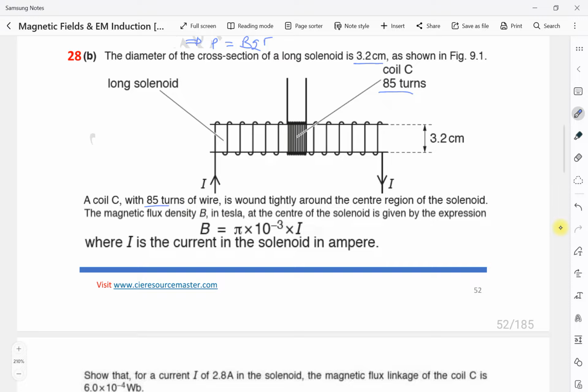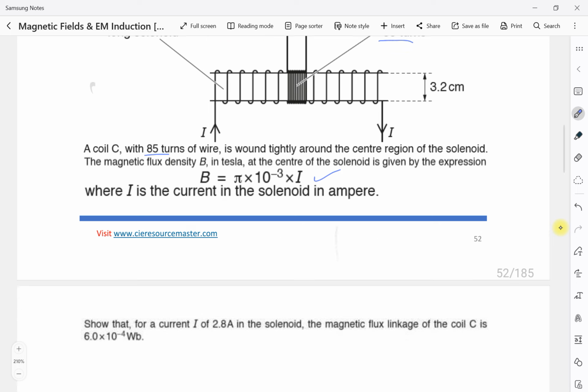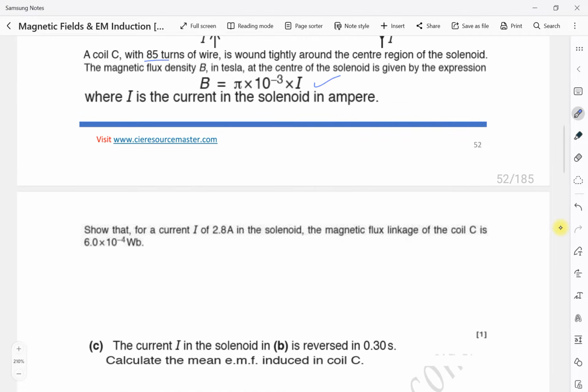The magnetic flux density B in tesla at the center of the solenoid is given by the expression B equals pi times 10 to the power of minus 3 times I, where I is the current in the solenoid in amperes. Show that for a current I of 2.8 amperes in the solenoid, the magnetic flux linkage of the coil C is 6.0 times 10 to the power of minus 4 weber.